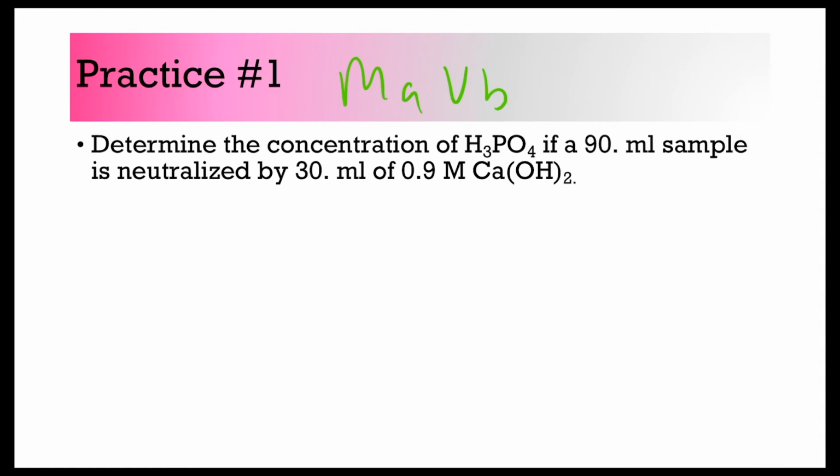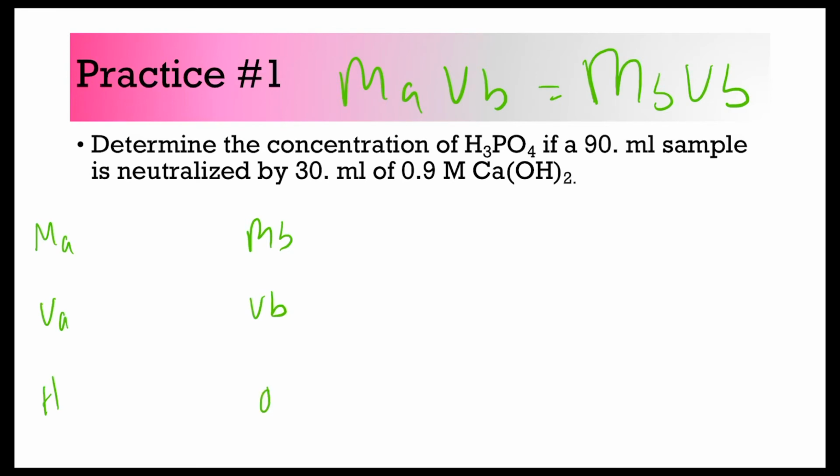Again, this is our equation: MaVa equals MbVb. If we label everything out like this, MbVb OH, that makes setup really easy.